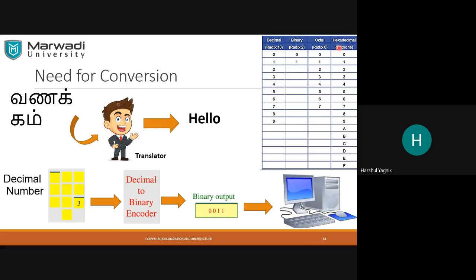Hexadecimal system, that is radix 16. This has largest number 16 minus 1, that is 15. But 15 we say in decimal, right? In hexadecimal, it is assigned a different symbol.